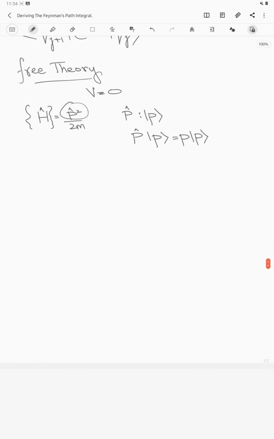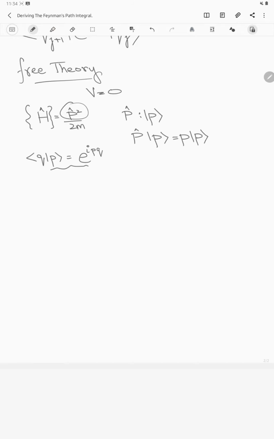Okay, so now also from elementary quantum mechanics, recall that this inner product of q and p is just equal to the exponential iota p dot q, right?